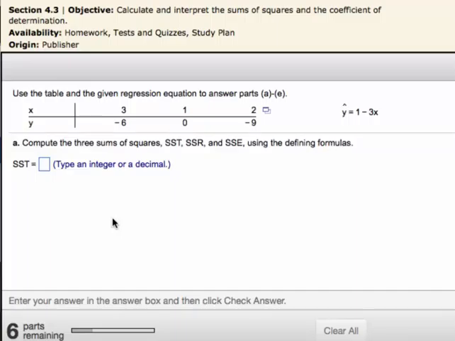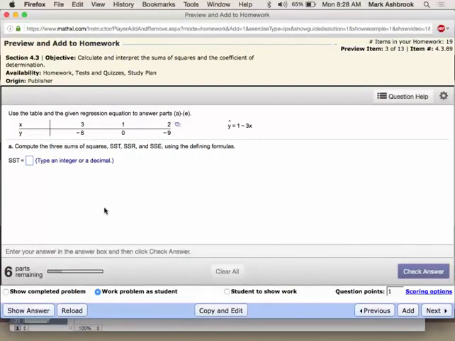Let's actually do the next one. Let's do 91. Here we go. Okay. More data. That's good.